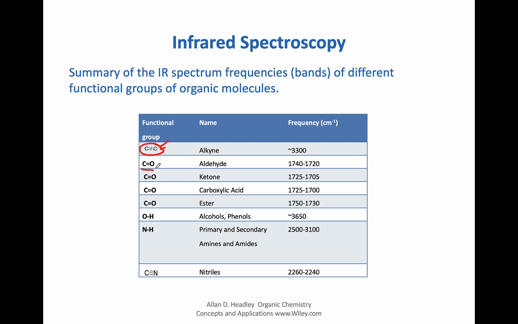Here's another one, aldehyde, around 1700, 1740. Carbonyl for the ketone is in the same region but slightly different. So if you have a very sensitive instrument, you should be able to tell the difference between the carbon-oxygen double bond vibration for the ketone compared to the aldehyde.